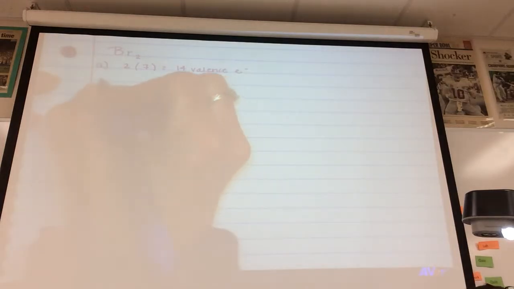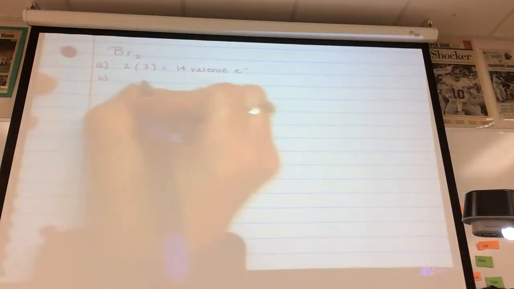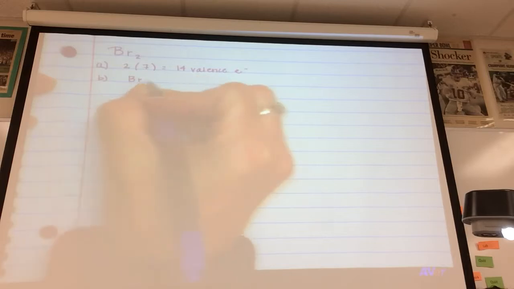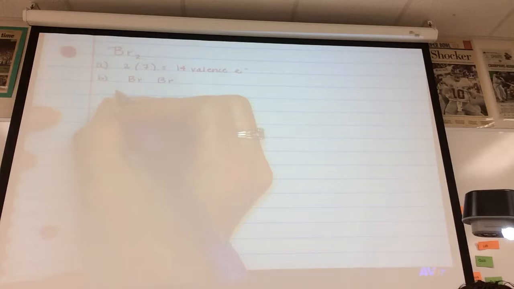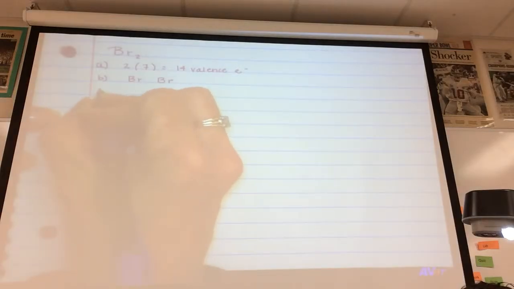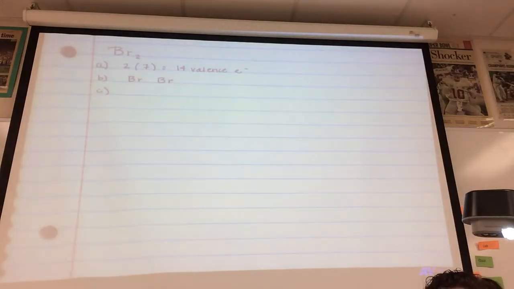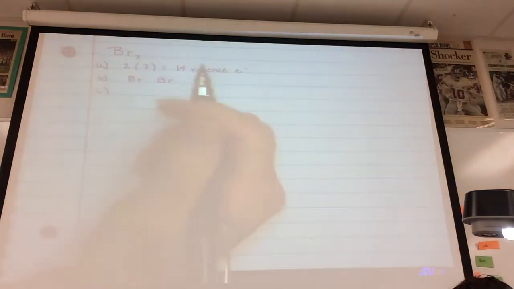Next, I'm going to draw the skeletal structure. Well, if you only have 2 atoms, you would just put them side by side. Next, I'm going to put the valence electrons around. I'm going to include this in the same one. I'm going to use different colors.